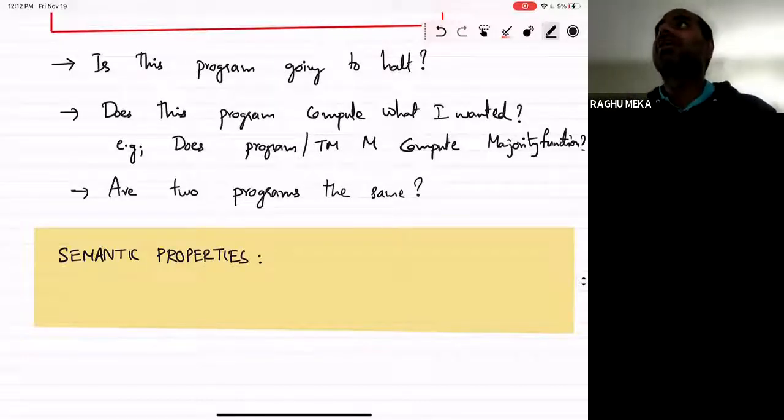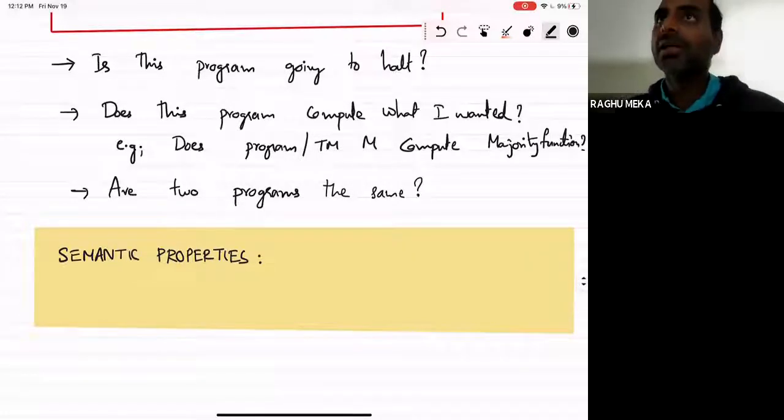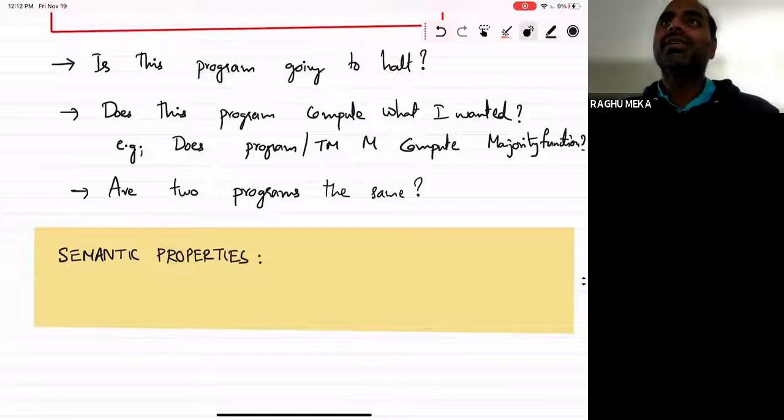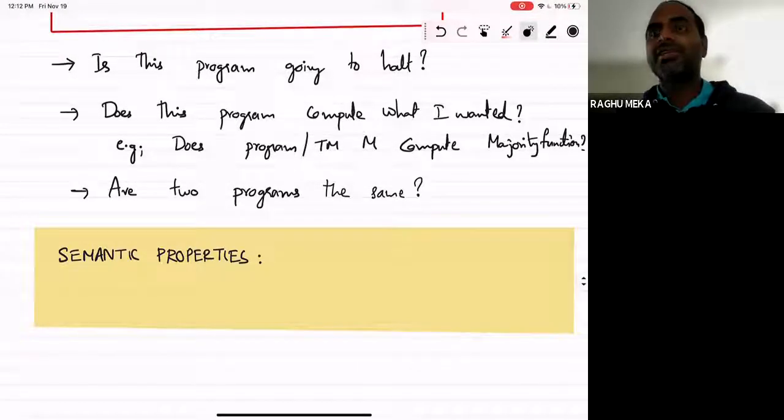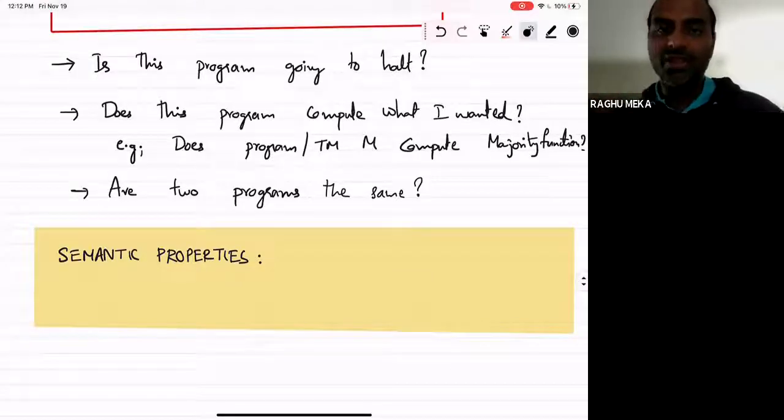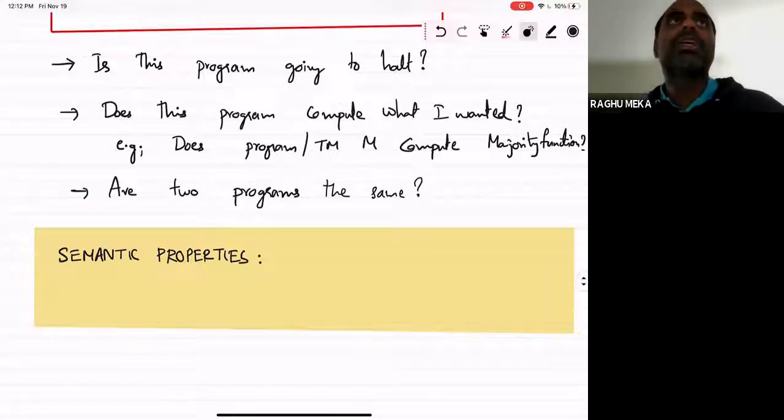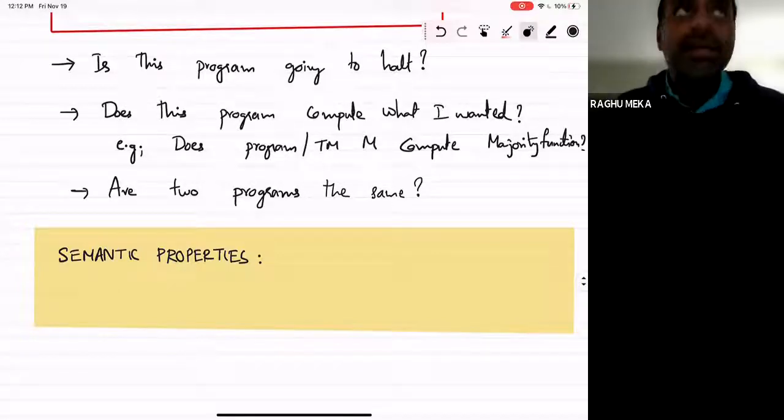I know it's a bit harder to do in Zoom, but please do. So semantic properties, you should think of as properties defined on programs. I give you a program and you're trying to tell me something about the code. I give you a text file, a bit string, we interpret it as a Turing machine. I want to know something about the Turing machine, right?